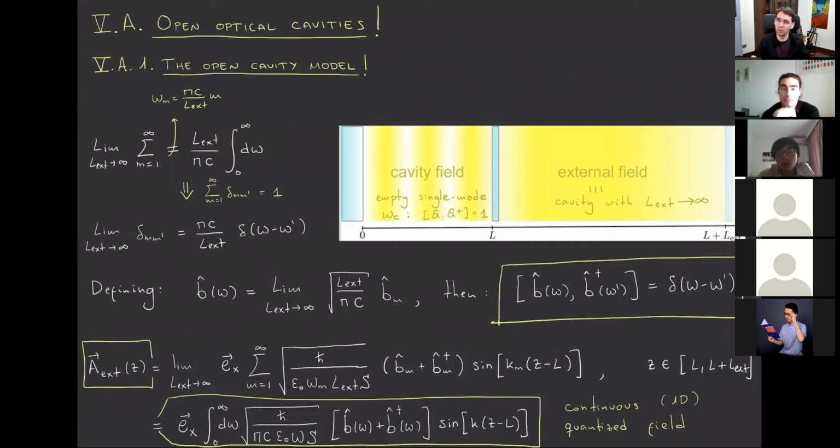It's just that some mirrors are very highly reflective, and some other mirrors we make a little bit less reflecting on purpose, so we can put things in and out. So you could have also this mirror with some partial transmission. And then you will have also the environment on the left. So these are two different environments, one on the right and one on the left.